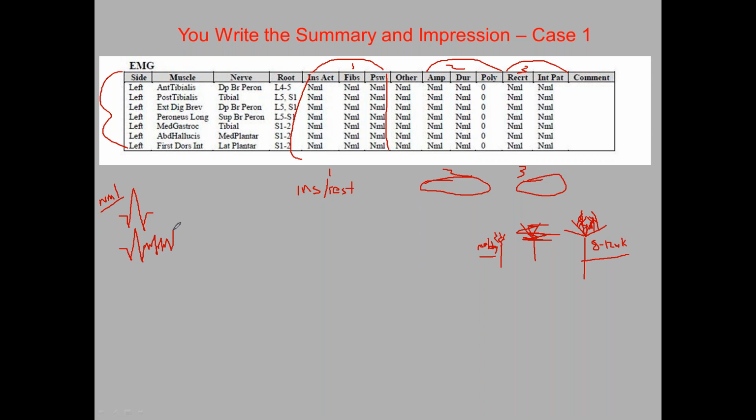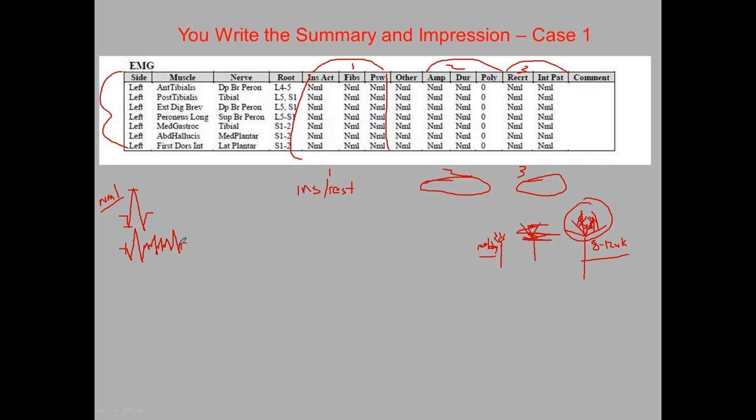And what is this? Polyphasic. And is it short in duration or long in duration? Long duration. So the collaterally sprouted, reinnervated motor unit now has new muscle fibers that are representative out here, right?